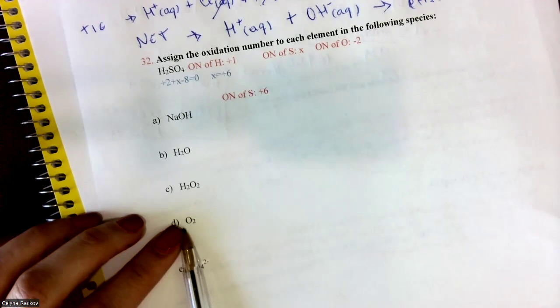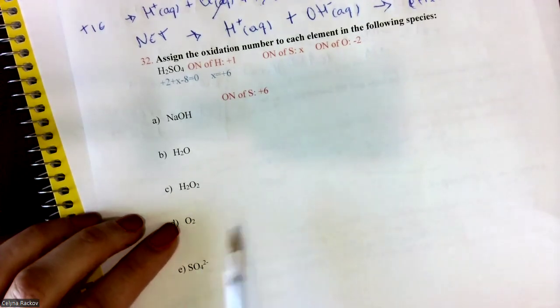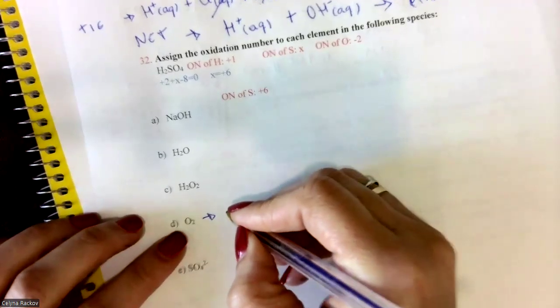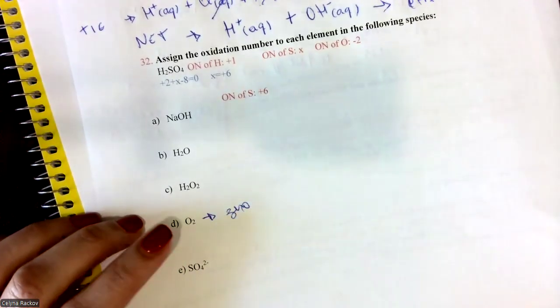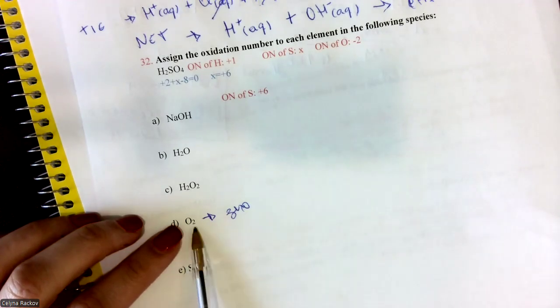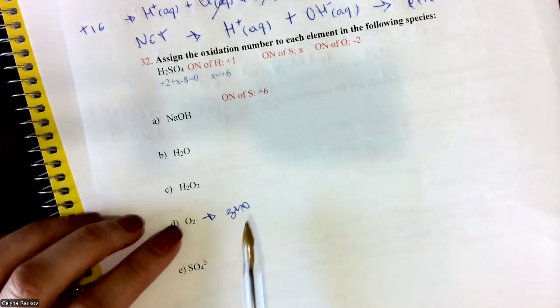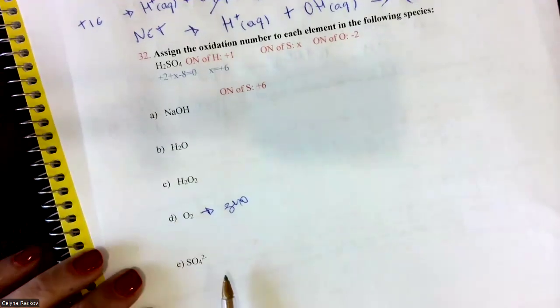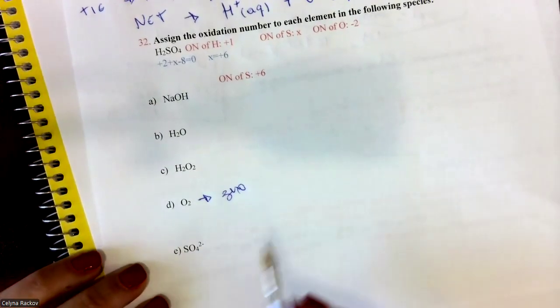Oxygen in its elemental form, all by itself, is 0. An element by itself, without charge, in its elemental form has oxidation number 0, right? Now, sulfate ion.